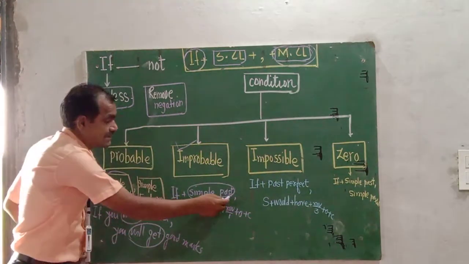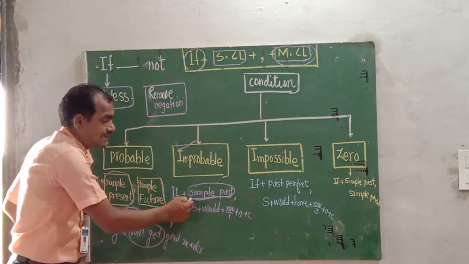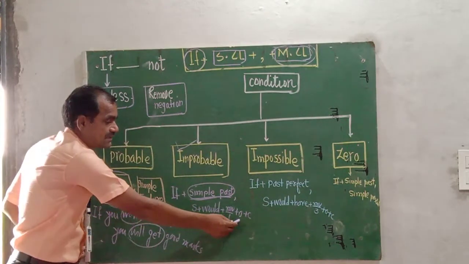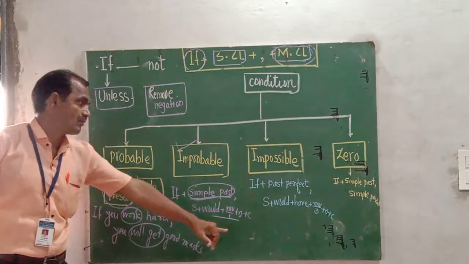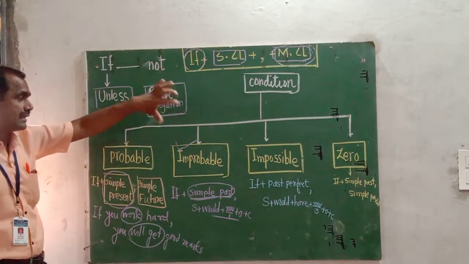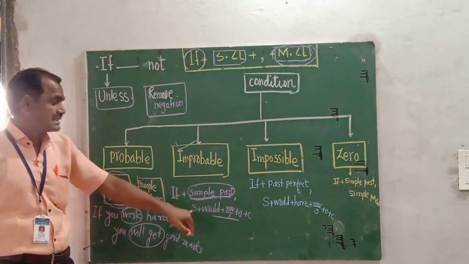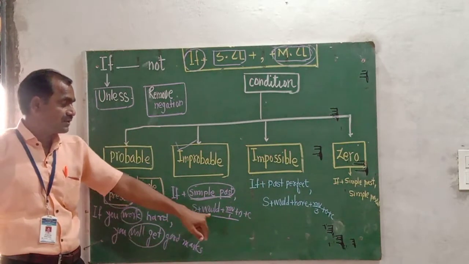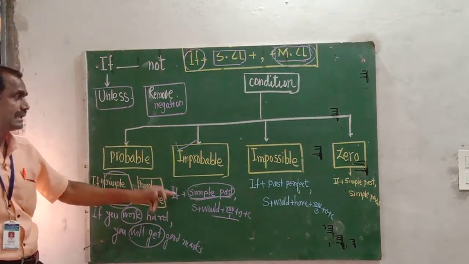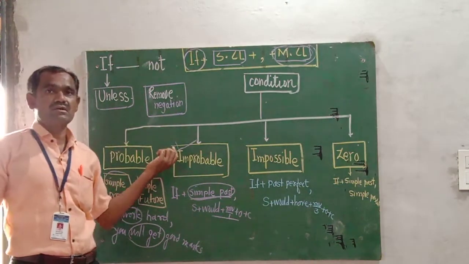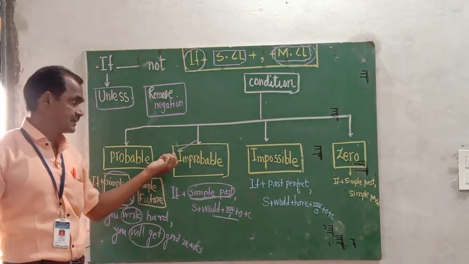Here you can see the structure is simple past tense and then subject, would plus verb, object and complement. That condition is called the improbable condition.